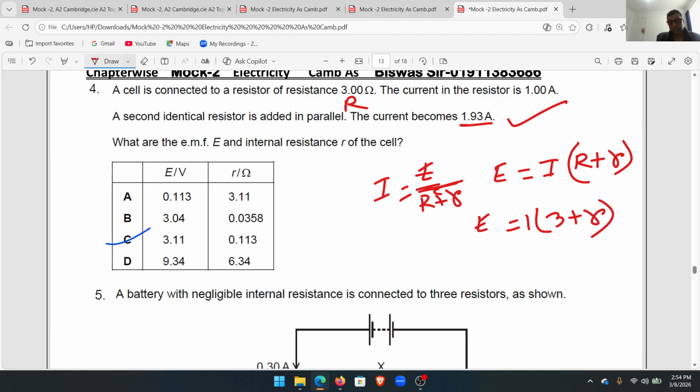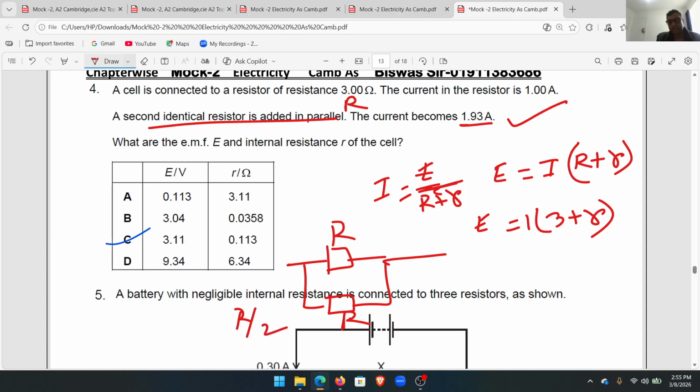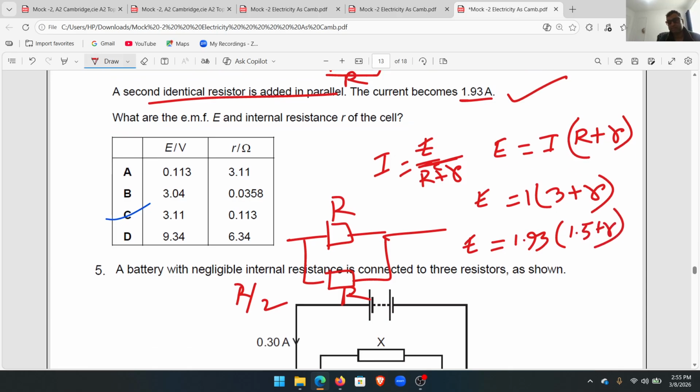On the other hand, when a second identical resistor is connected in parallel, the total external resistance becomes R by 2, right? So in the second case, this becomes half of this 3, that means 1.93 into 1.5 plus r.